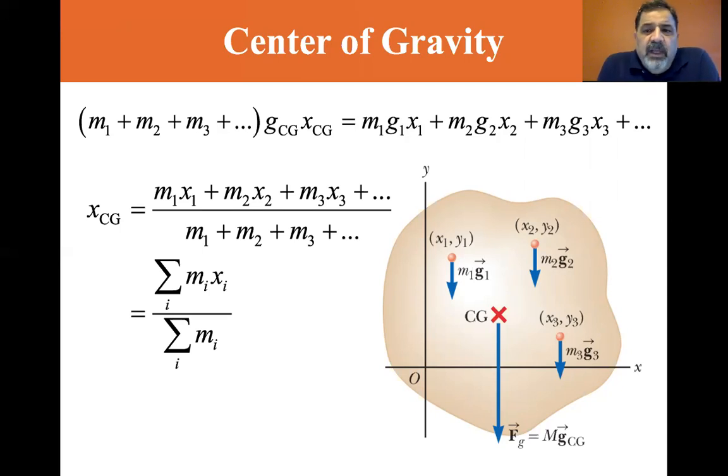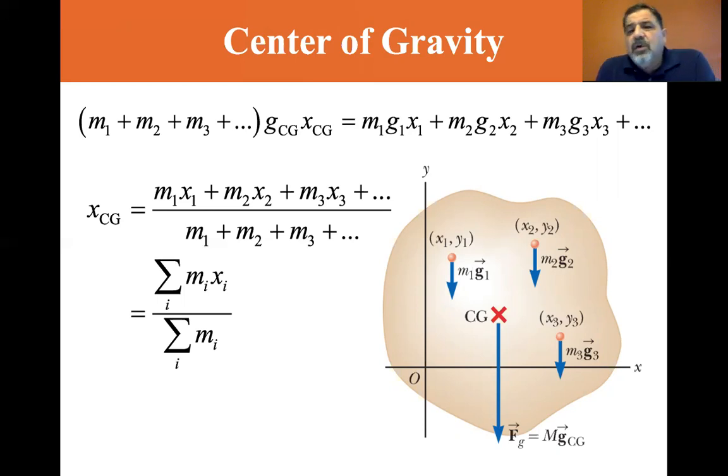Now, if we solve for the x of the center of gravity, we get M1 G1 X1 plus M2 G2 X2 and so on in the numerator, and M1 plus M2 plus M3 times G of the center of gravity in the denominator.